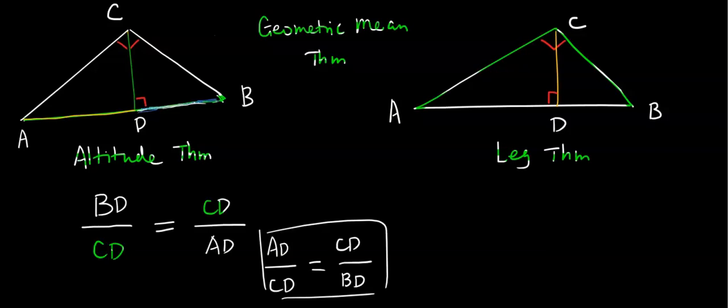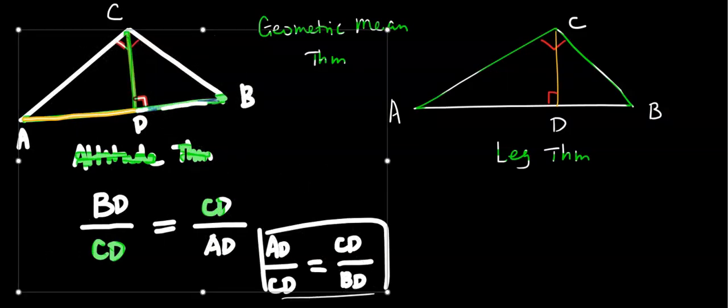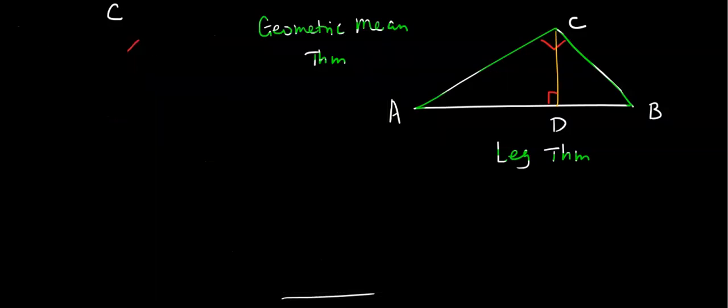I'm going to erase this, and we're going to talk about the leg. Okay? All right. Now we have one thing to take care of. This is the leg theorem. The same as we said before, CD is the altitude, AC is the long leg, BC is the short leg, and AB is the hypotenuse.